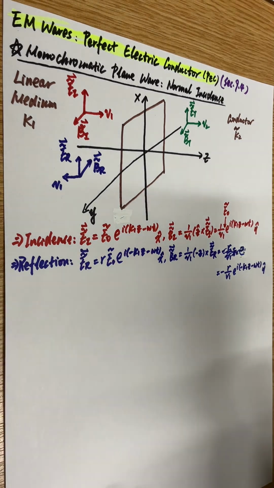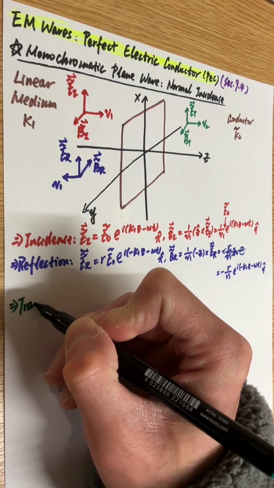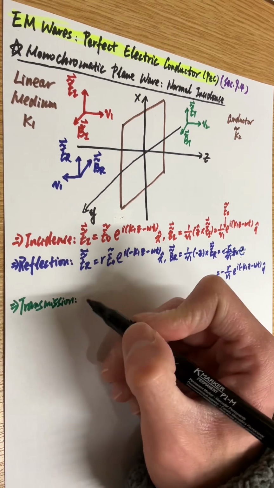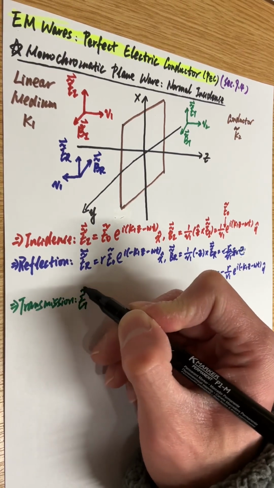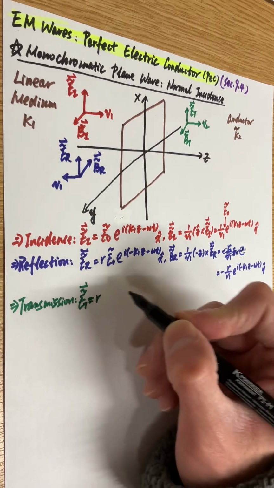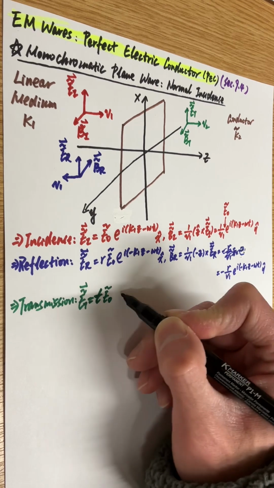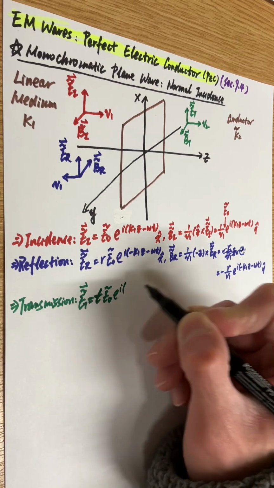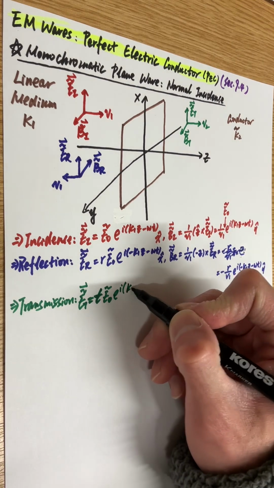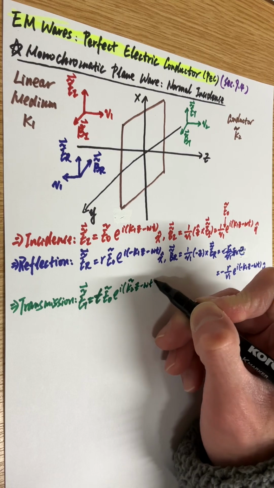So we have transmission. ET is, we have the amplitude ratio T, E0, and then EI. Now we have complex valued kappa 2 z minus omega t.